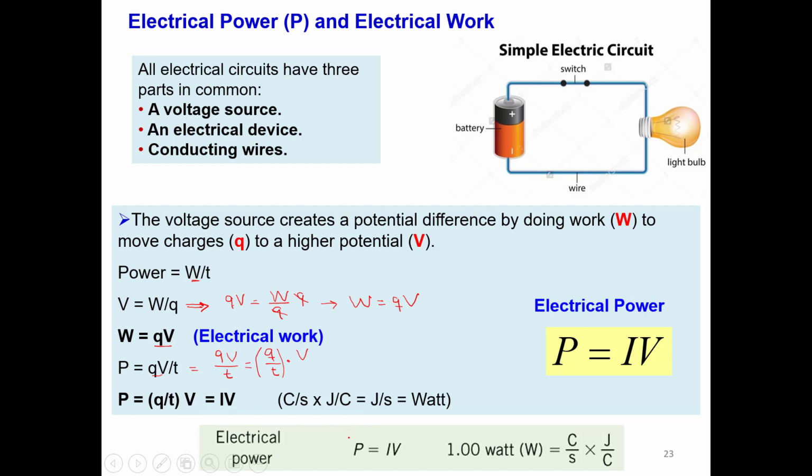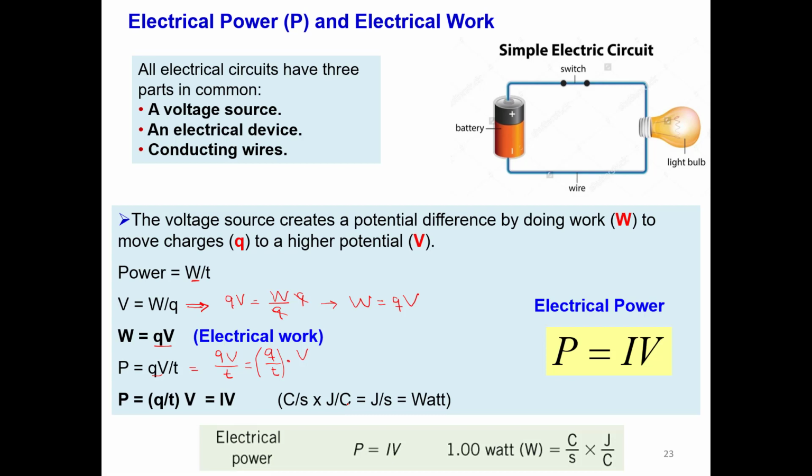Then let's check if the units are watts. This is current: the unit for charge is coulomb, the unit for time is second. Now the unit for voltage: remember, voltage is work divided by the charge, so it must be joules, the unit for work, divided by coulomb, the unit for charge.